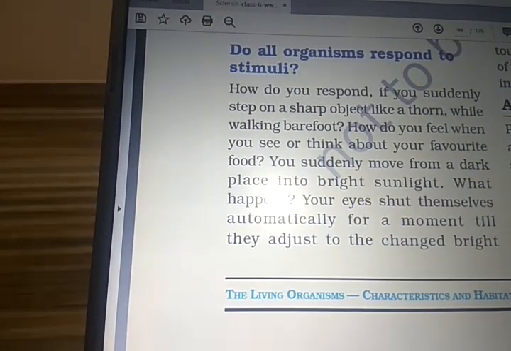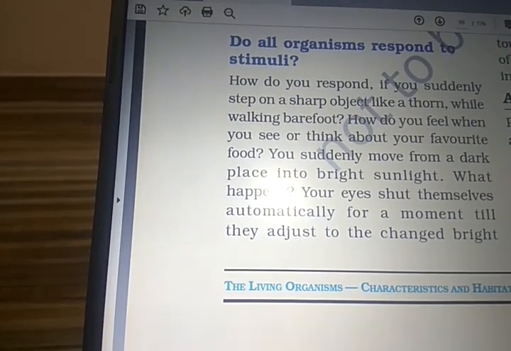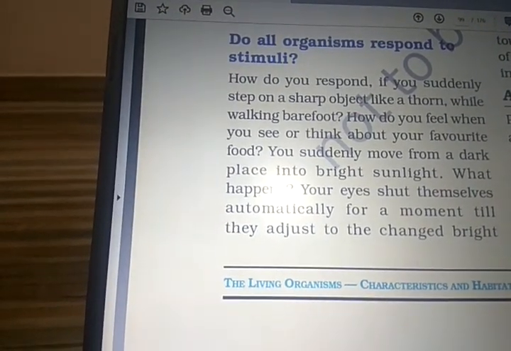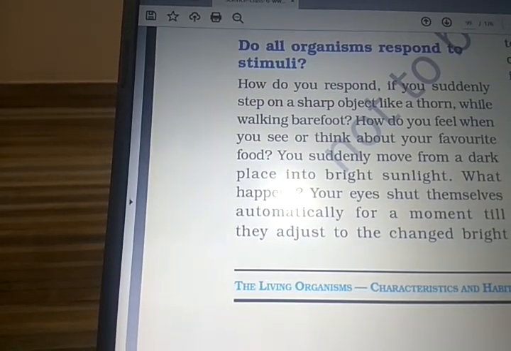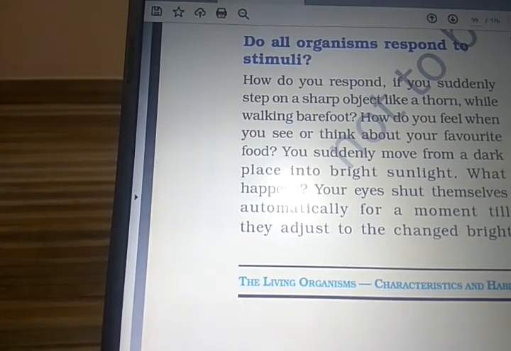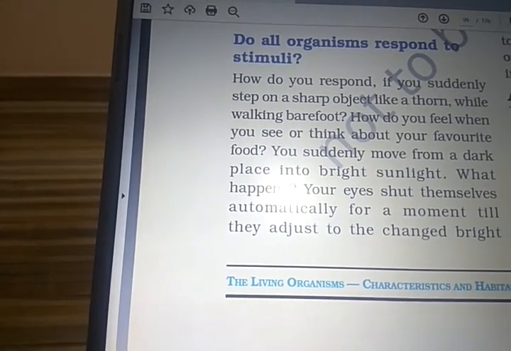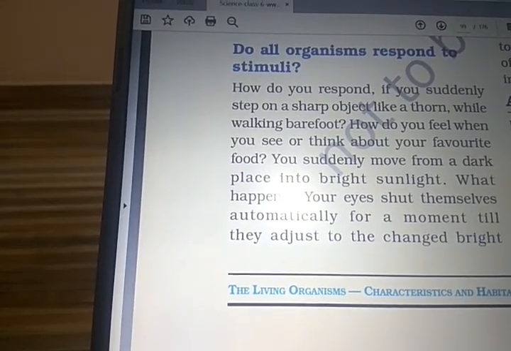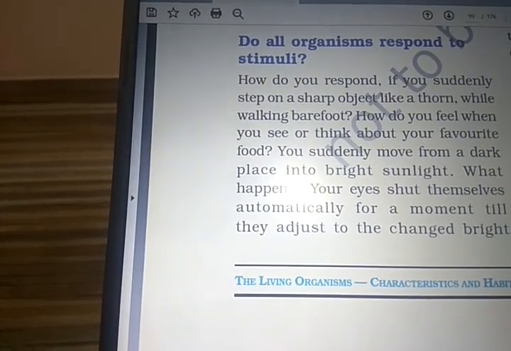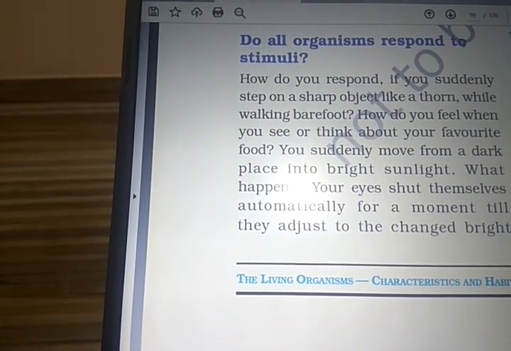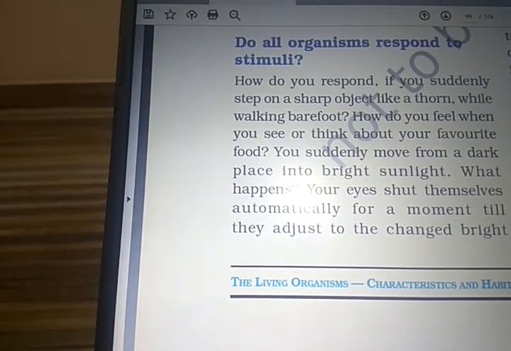Now, do all organisms respond to stimuli? Yes. The best example is the touch-me-not plant. If you touch the leaves of the touch-me-not plant, they immediately fold, and after one or two minutes they open again. What does it indicate?